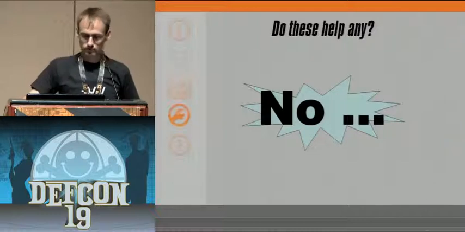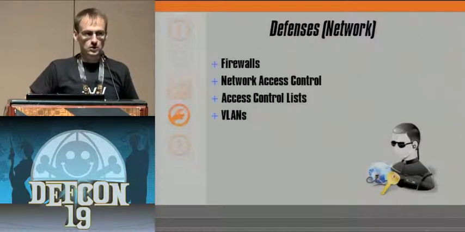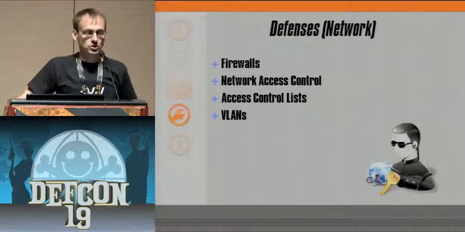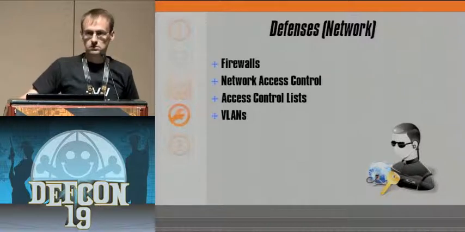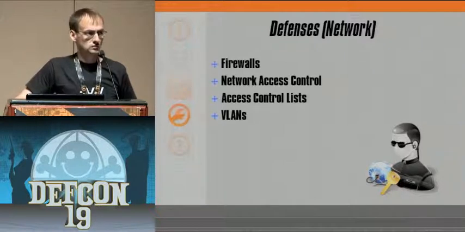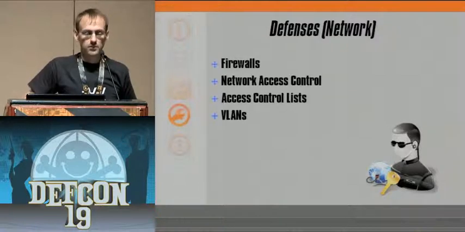All right. So we then look at what is traditionally thought of as your defenses on the network here. Firewalls. Well, we're talking about listening on your local network, and firewalls separate zones of trust. I'm operating within a zone of trust, so they would not be involved, really. Network access control.